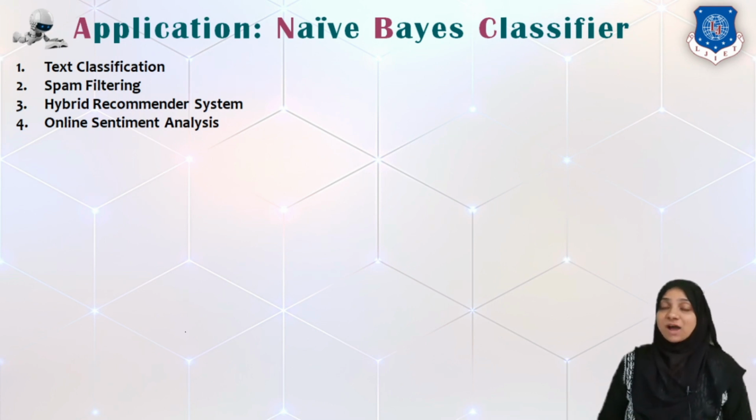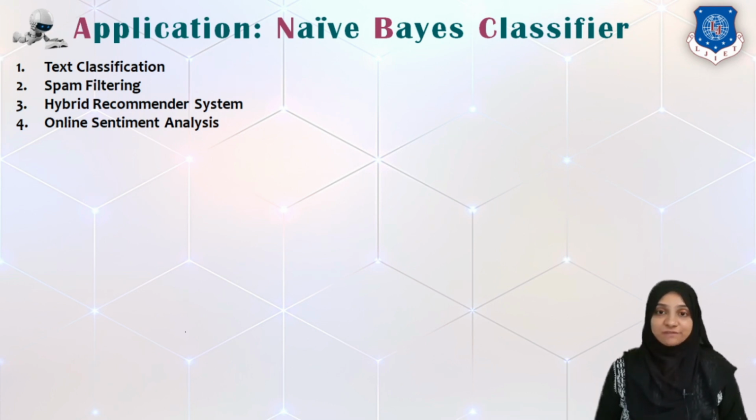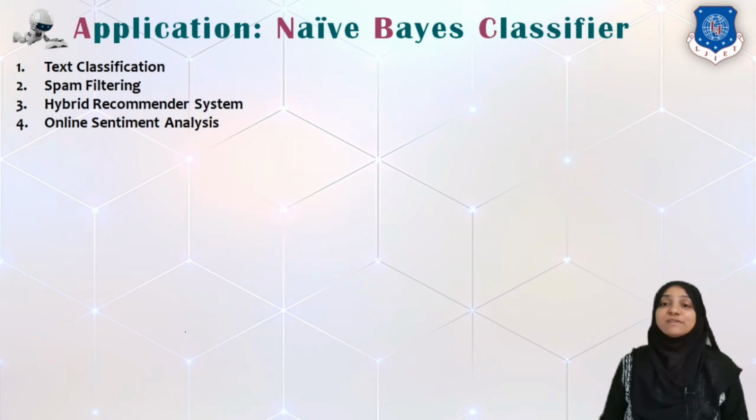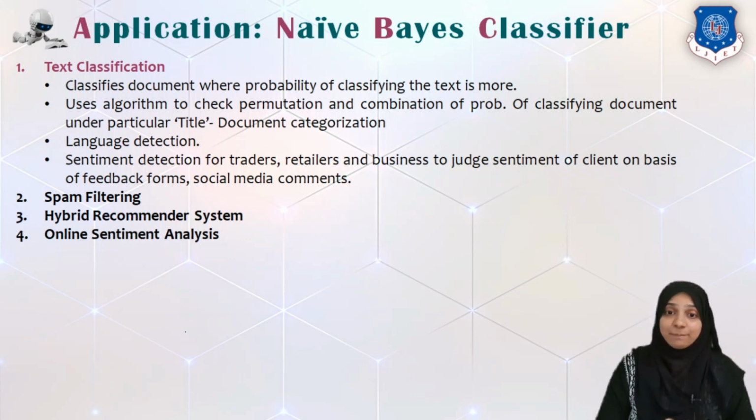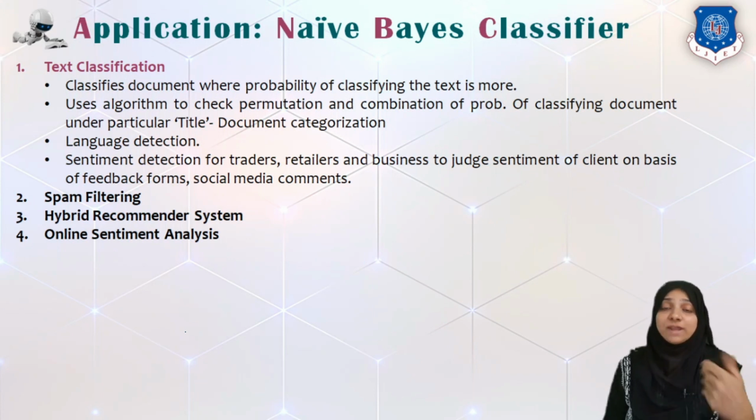So this is how basically the Naive Bayes classifier works. Let us discuss where these Naive Bayes classifiers are applicable. There are four broad categories of application where this classifier is applicable. First one is text classification, where we have to classify a document according to its title into a particular category.